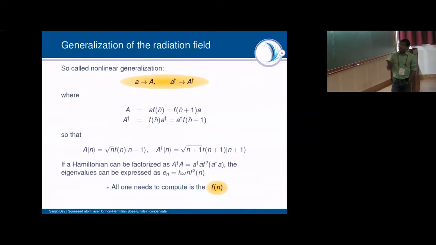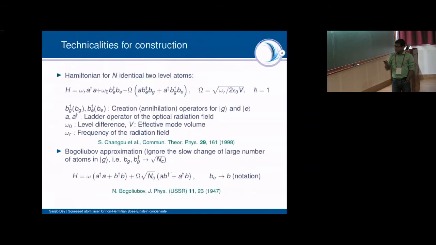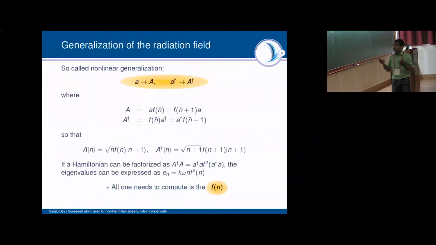Now let's introduce a bit of generalization of this optical field. We want to generalize A and A dagger. The atoms remain the same, that is the usual quantum mechanics, we keep it. But we generalize the radiation field, A to capital A, this way.